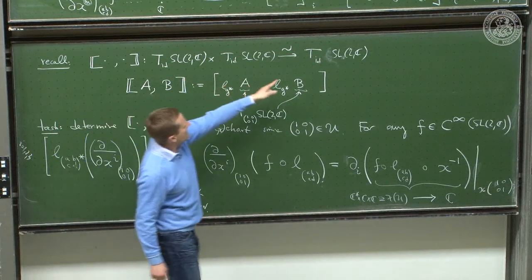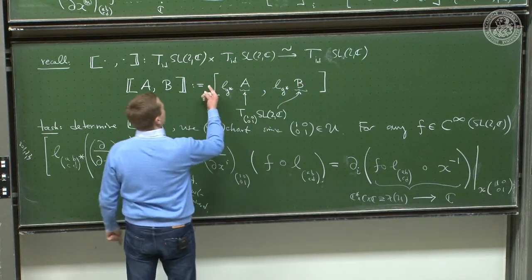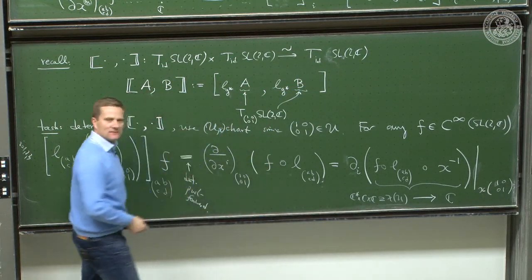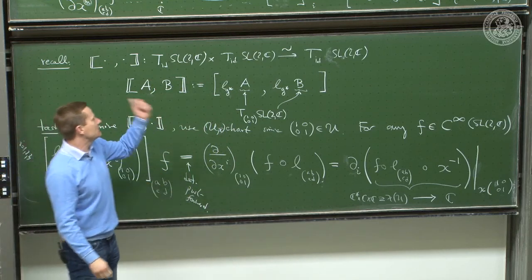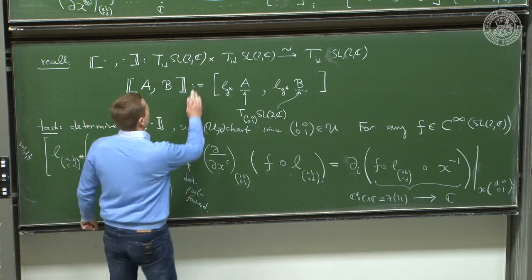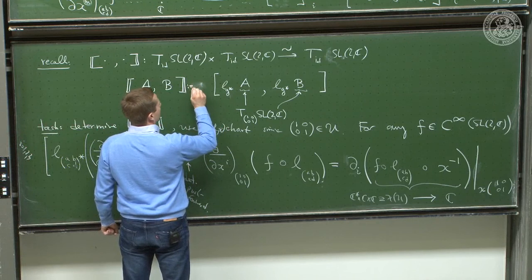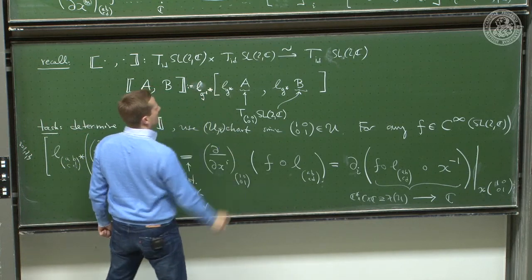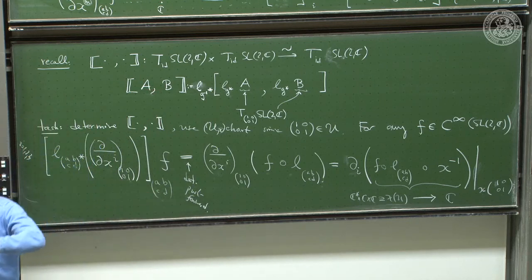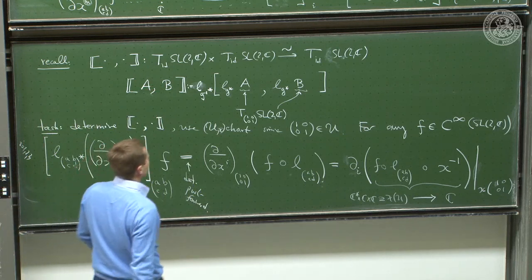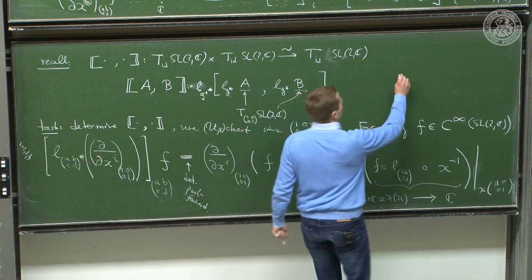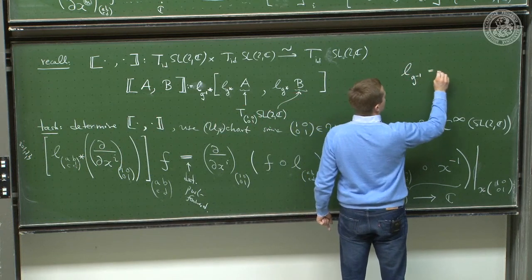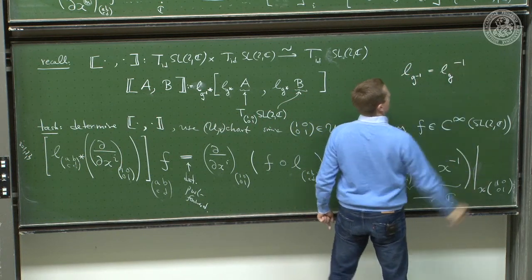I want to be again at this point, so I need to also do the back translation. I need to go backwards again, but that's also not a problem. That's just the push forward of L_(G inverse). I push it in the opposite direction again, and of course the left translation has an inverse. That's obvious. You can check that L_(G inverse) is the inverse of the left translation.